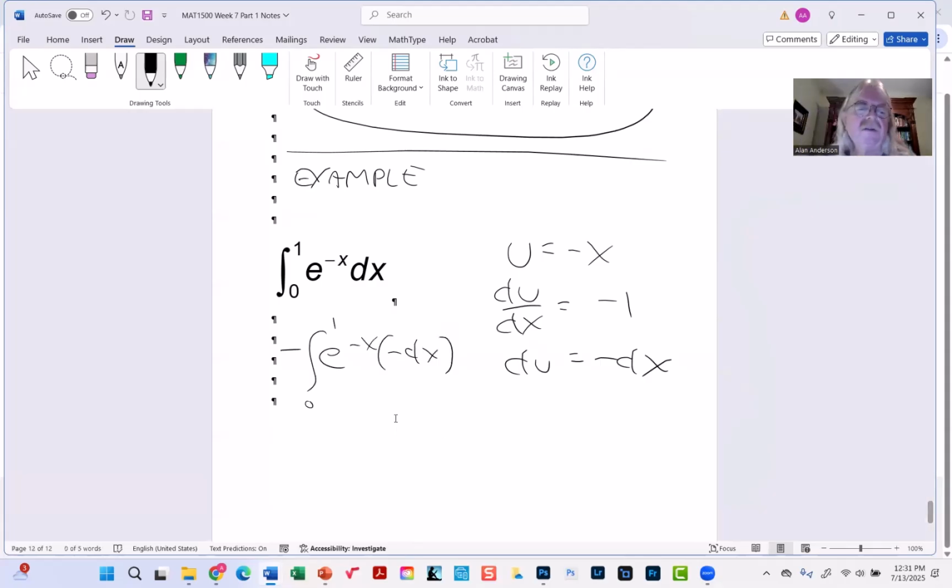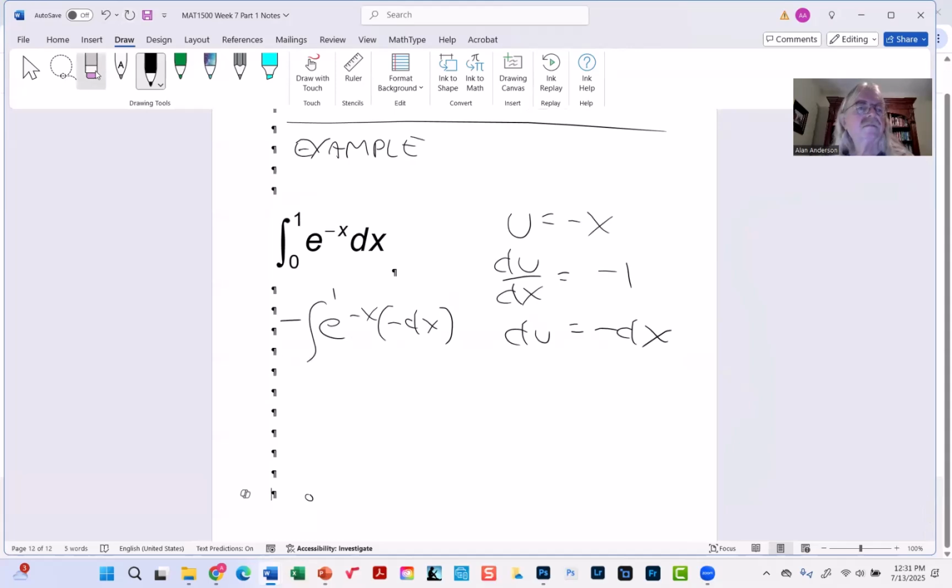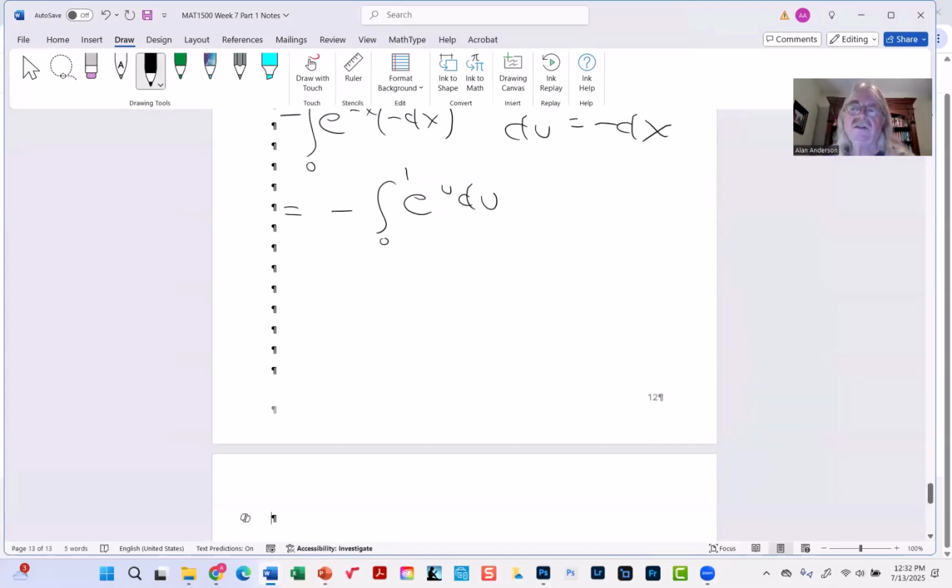So what do we have here? All right. So of course the integral is e to the u, but now because it is a definite integral, we don't need the c.